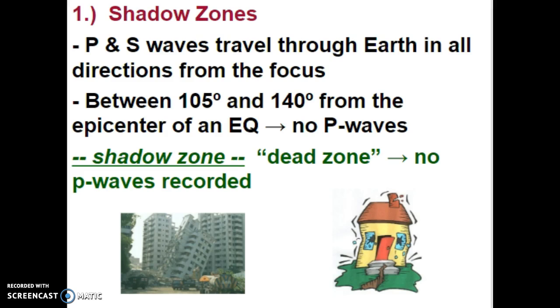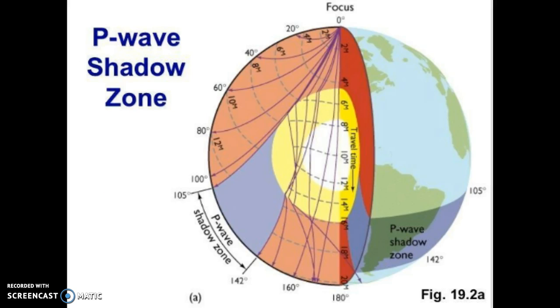Now you might think, if primary waves can travel through solid, liquid, or gas materials, why wouldn't they be registered all over the Earth? Well, in this diagram, you see what happens on the inside of the Earth when these primary and secondary waves come through.